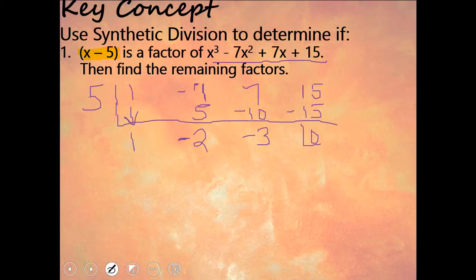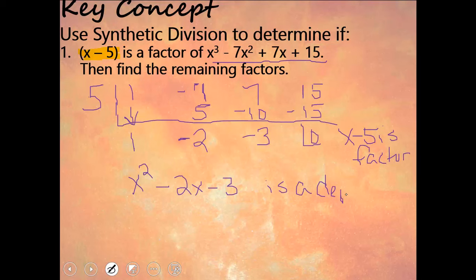So the factor theorem says that x minus 5 is a factor because the remainder is 0. The next thing that means is that this depressed polynomial, x squared minus 2x minus 3, is where other factors come from. So this is a factorable polynomial.